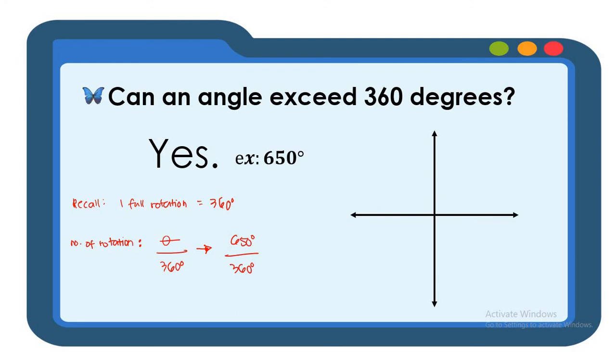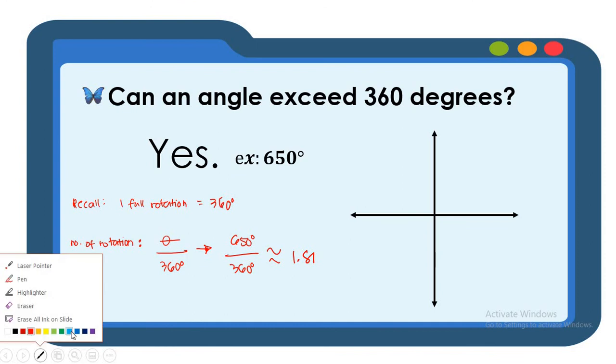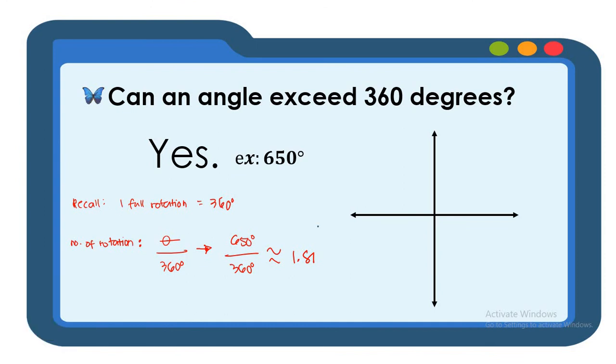If you use your calculator, the result will be approximately 1.81. The whole number in the quotient will be the number of rotations. So basically, we will be having one full rotation.